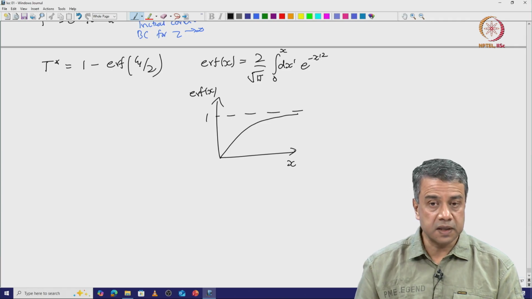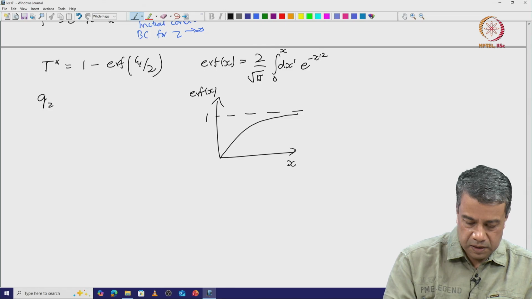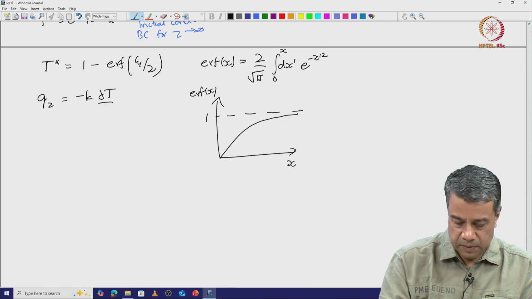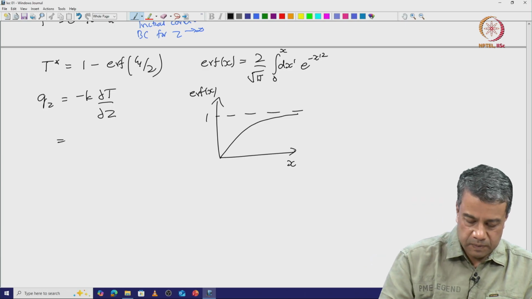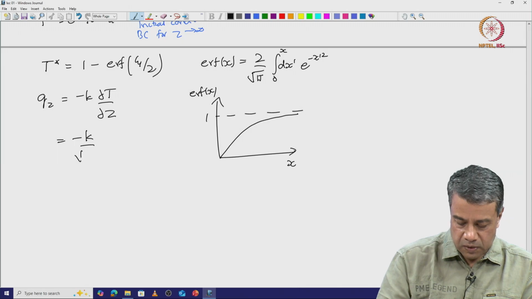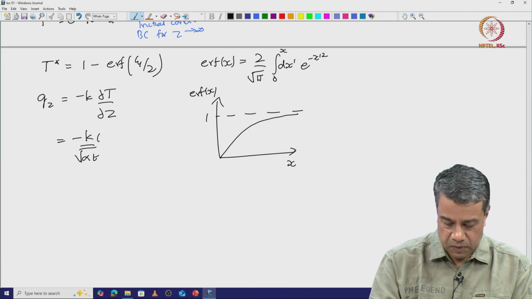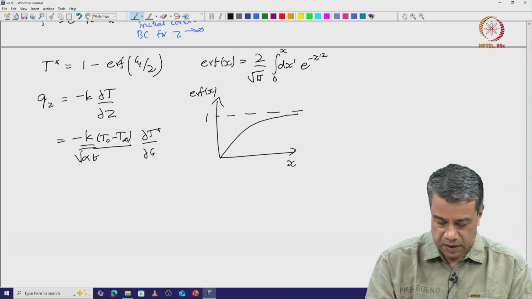And based upon this, I had derived an expression for the heat flux q z, which is equal to minus k partial T by partial z, expressed in dimensionless form as minus k by root alpha t times T naught minus T infinity times partial T star by partial psi.